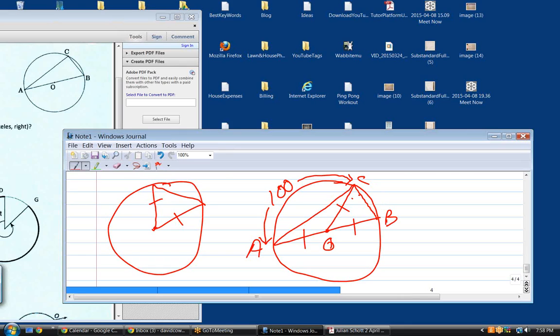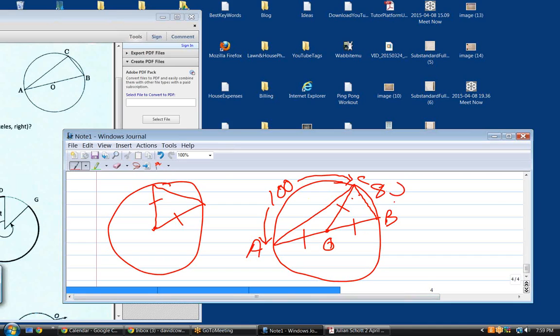CB? CB. What's the measurement from A all around to B? 180. Okay. So what's the measurement from C to B if from A to C is 100? 80.